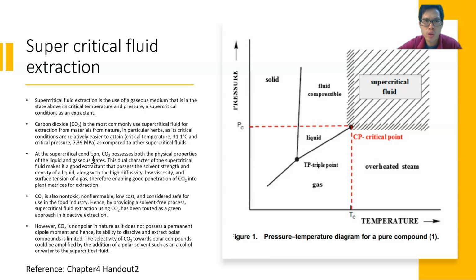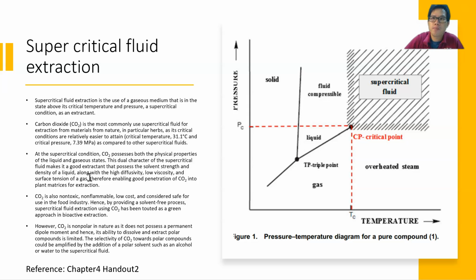With these dual characters, it makes a very good extractant, possessing the solvent strength and density of a liquid, along with the high diffusivity, low viscosity, and surface tension of a gas. So it can penetrate into the cell structure material and extract out the flavor components. It's very interesting.